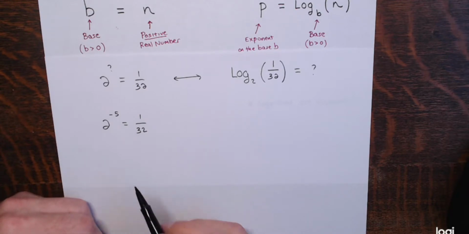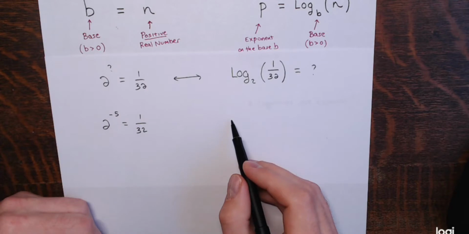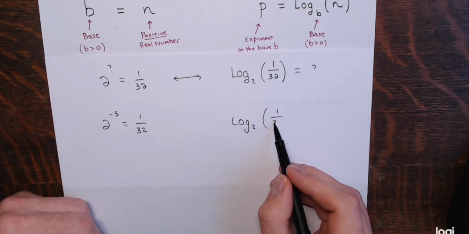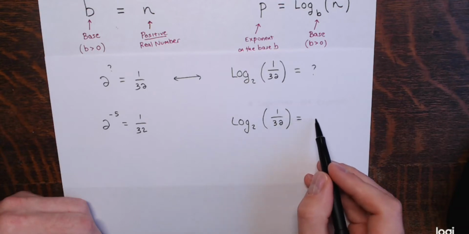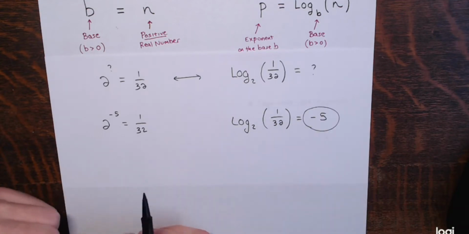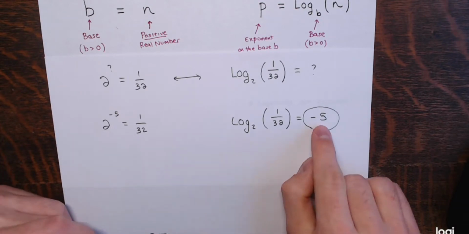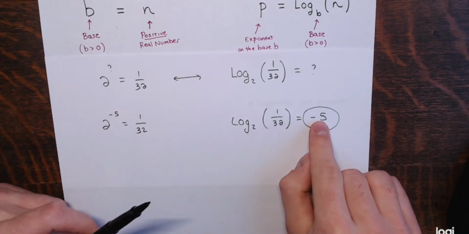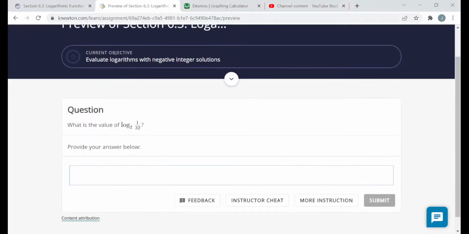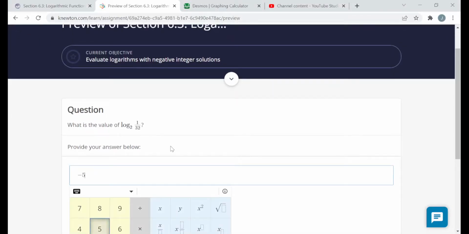So the answer here is negative 5, right? The log base 2 of 1/32 is negative 5, and this is what they're asking for, the value of that logarithm, the power you would need to raise 2 to in order to get 1/32, 2 to the negative 5th. So negative 5.